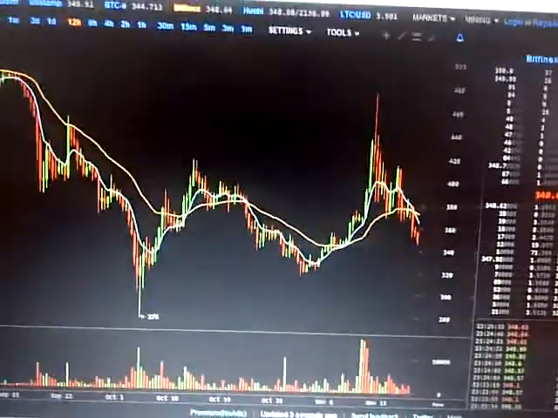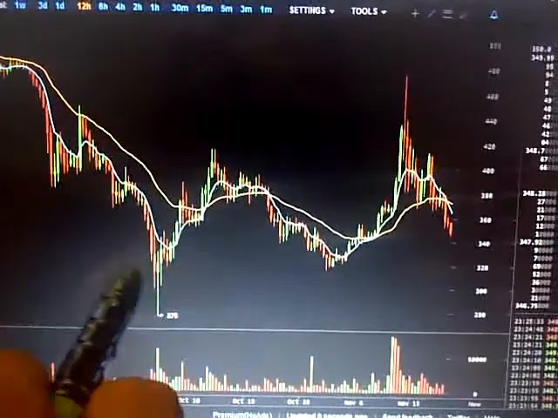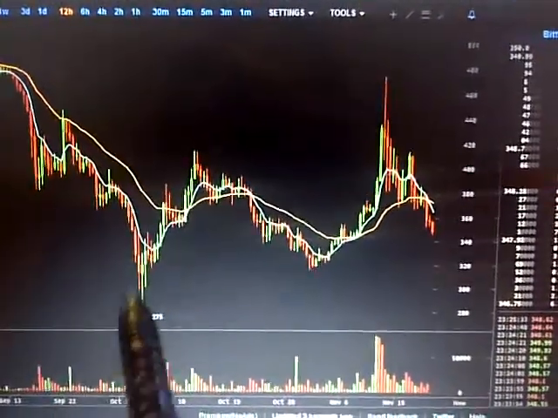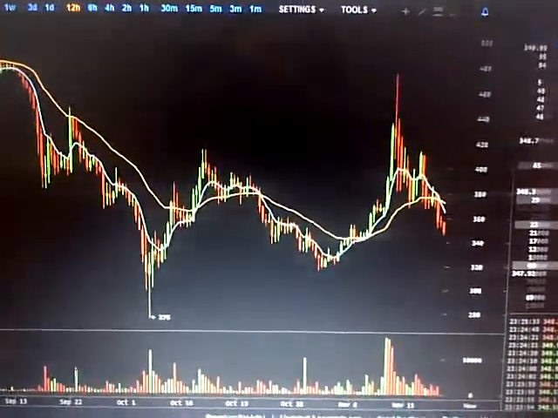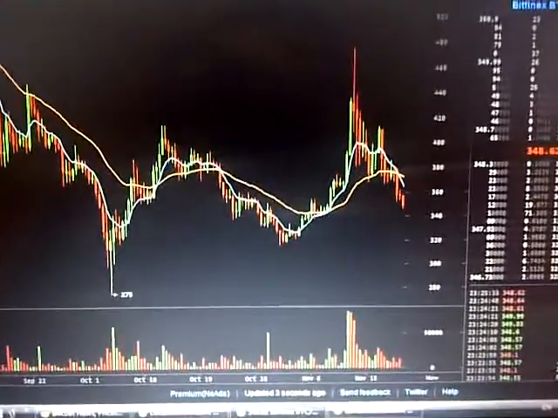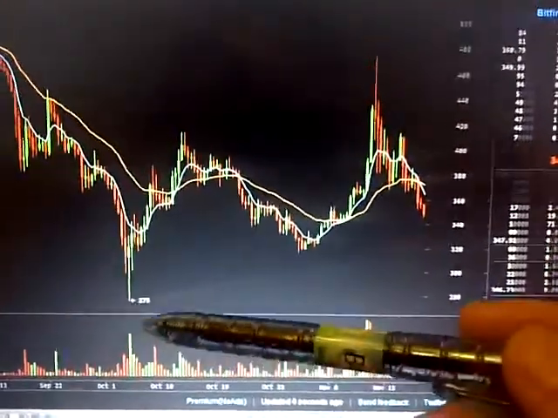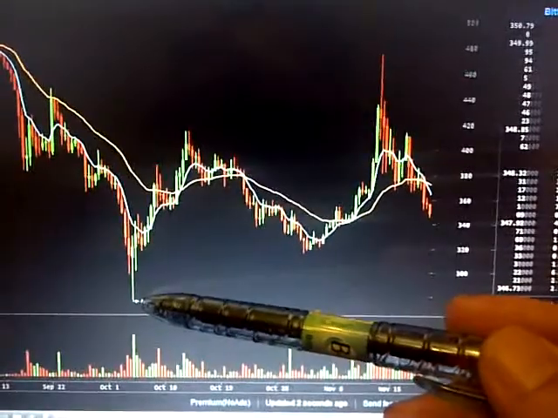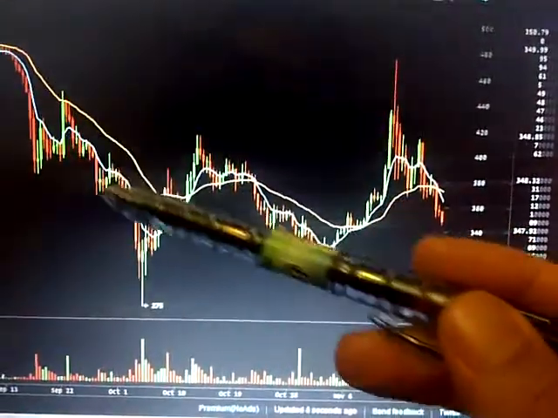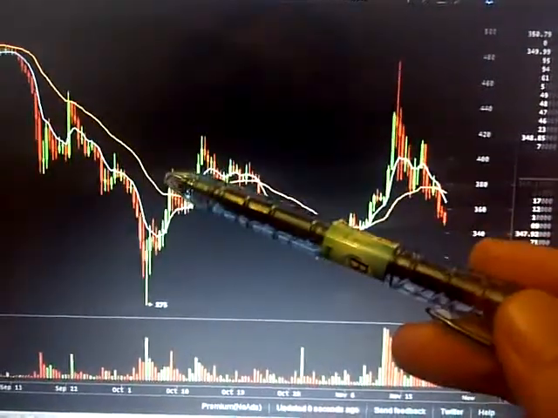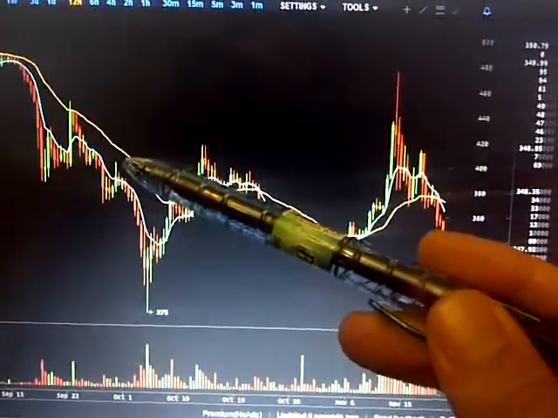So far, as you know, it's been going down, but I mentioned that you could see a possible trend reversal here, and there's some signs of it. For example, this is probably the low, and then what you got here is a higher high than the previous high, or even that high.